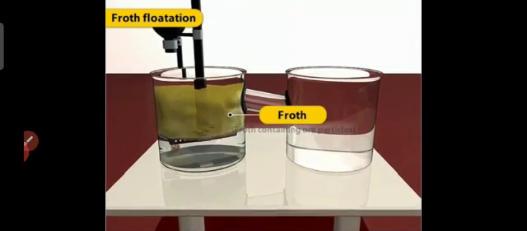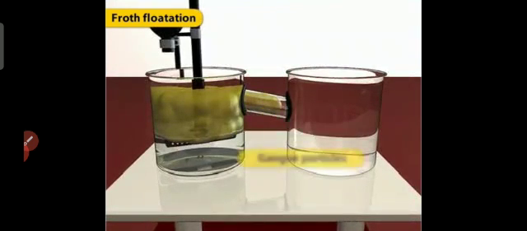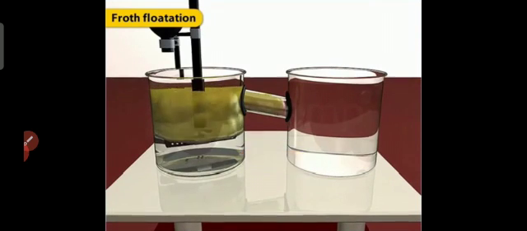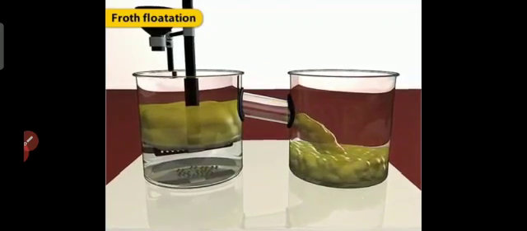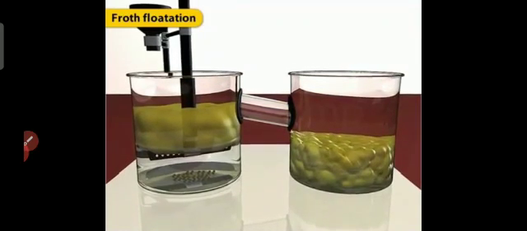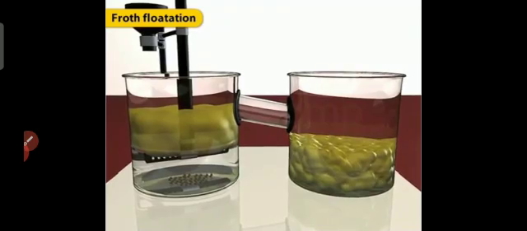Froth means the oil which is coming on top. It is called froth. Gangue particles and water are below. Gangue particles means what? Sand and soil.